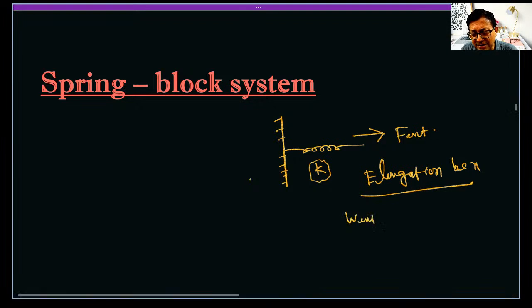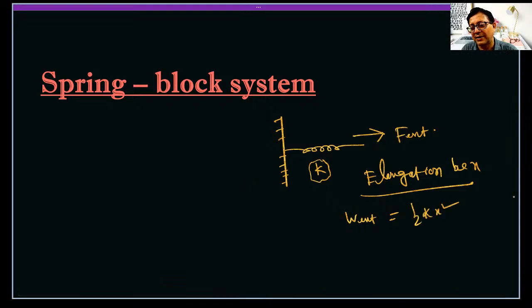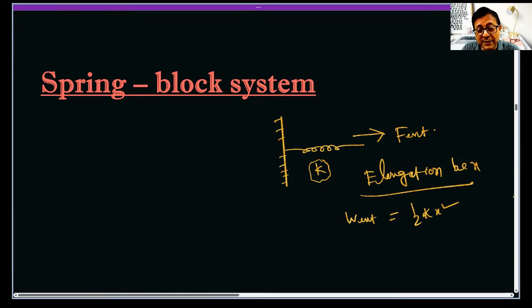So work done by external agent will be what? Half k x square. Force is kx developed by the spring. So kx is acting this way, and this external force is applied, the same force in the forward direction.